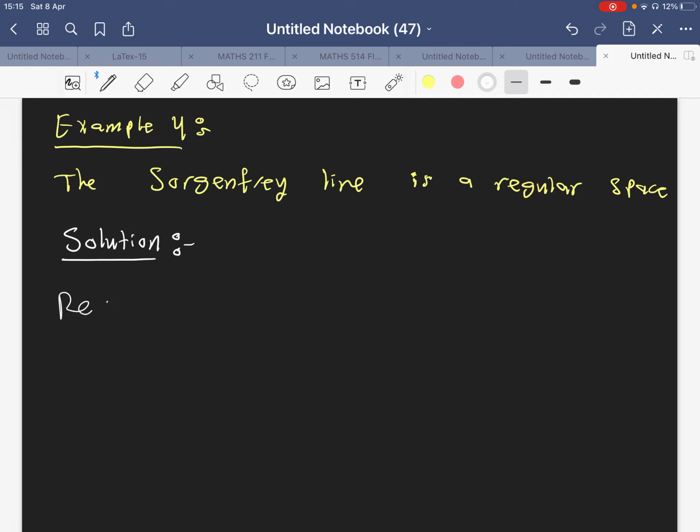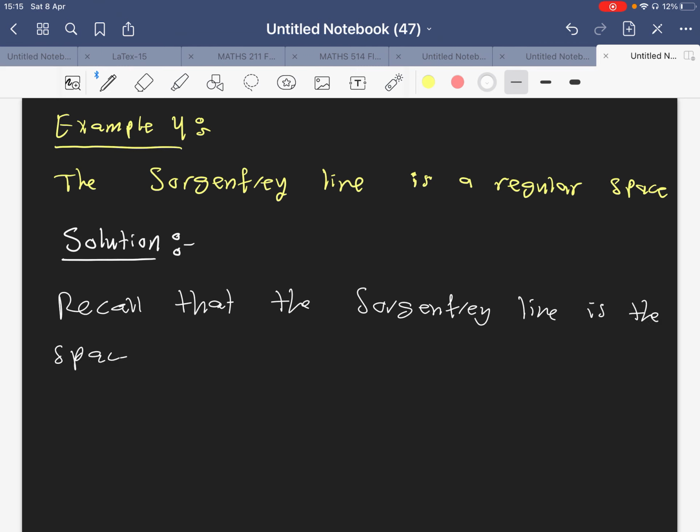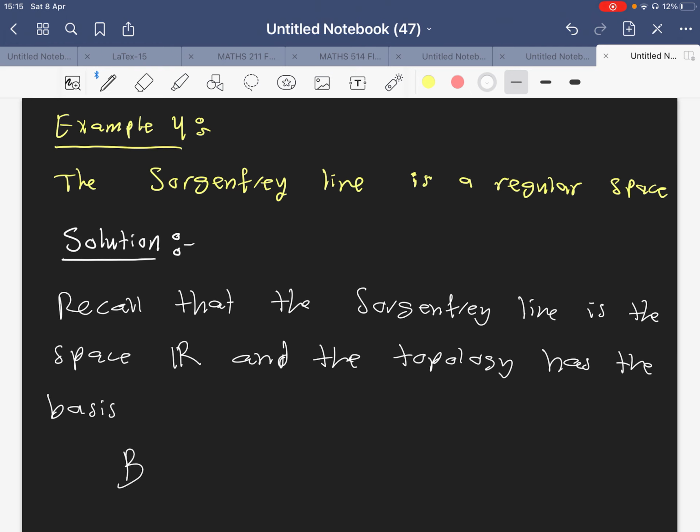So recall that the Sorgenfrey line is the space that consists of the real numbers, and the topology has the basis B dash equal to the semi-closed intervals [a, b) where a is, of course, less than b.